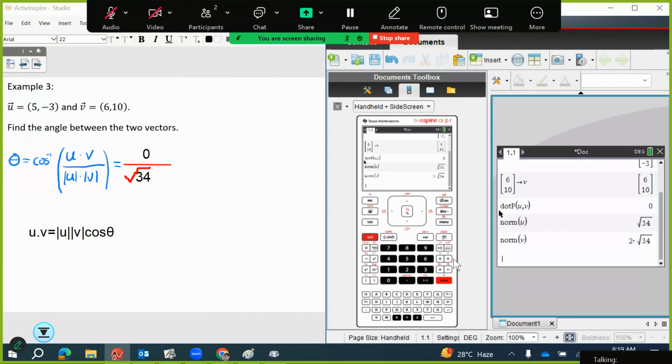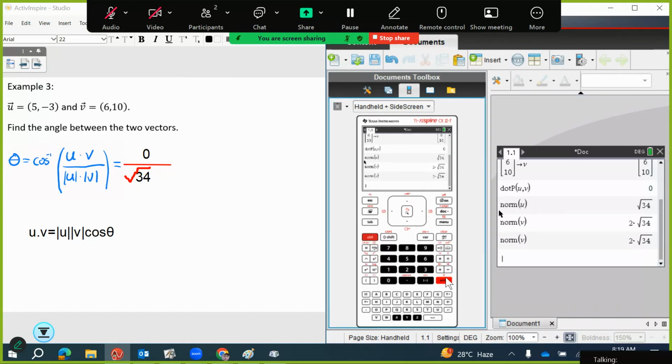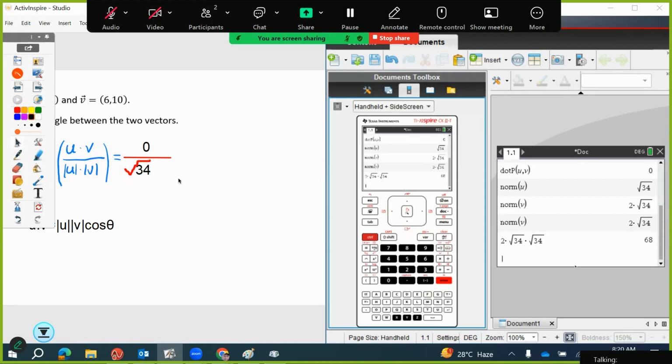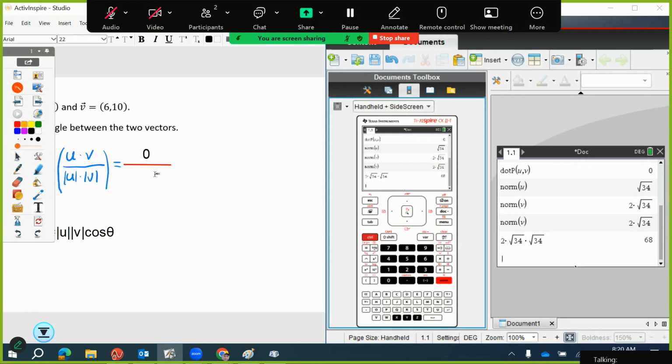So let's multiply these two together. So we want this multiplied by this. It's going to give us 68. So we get 68 here.